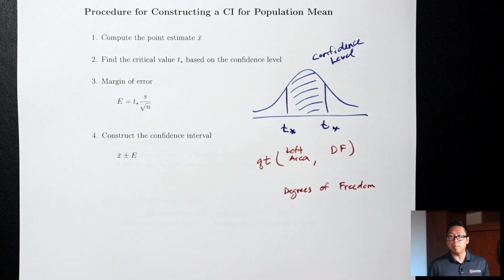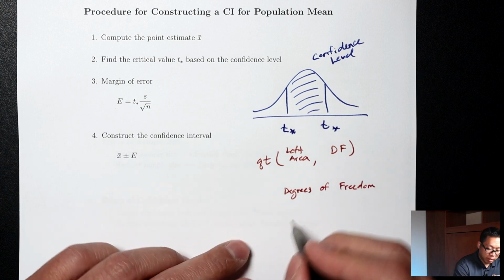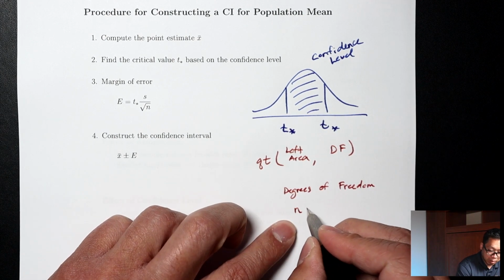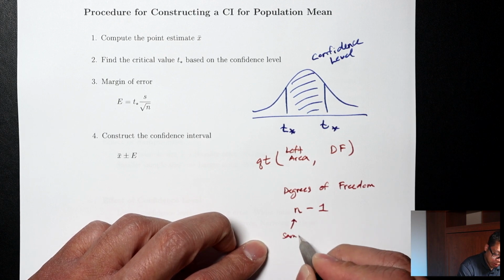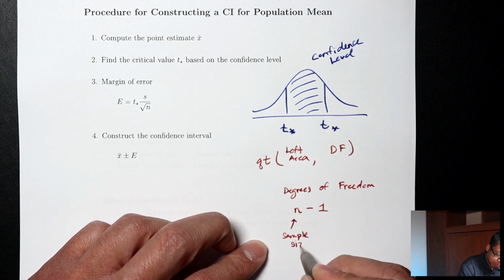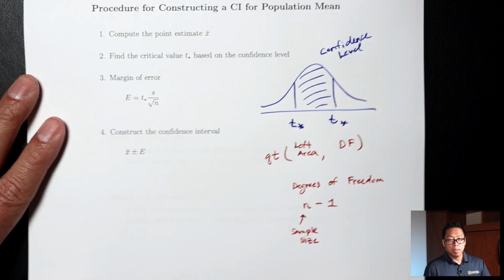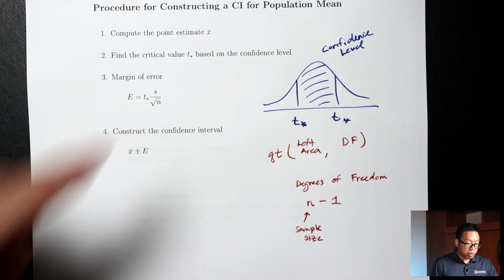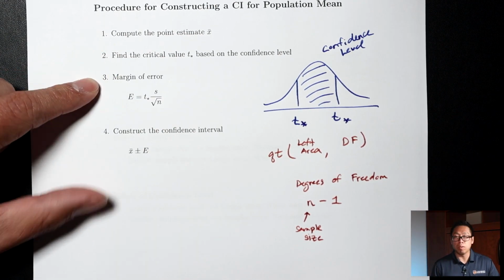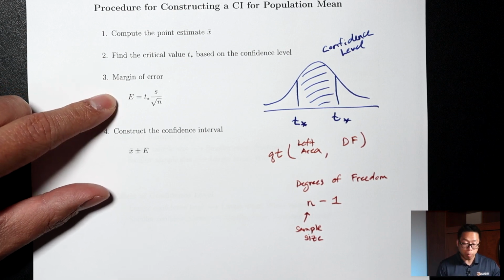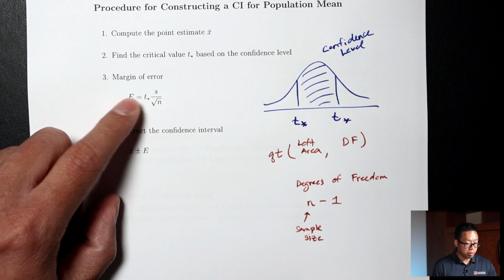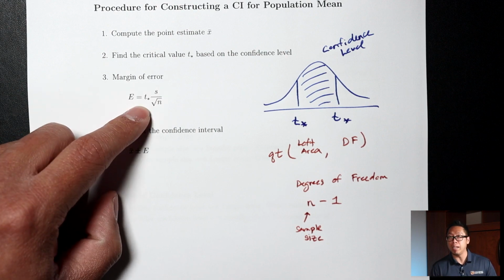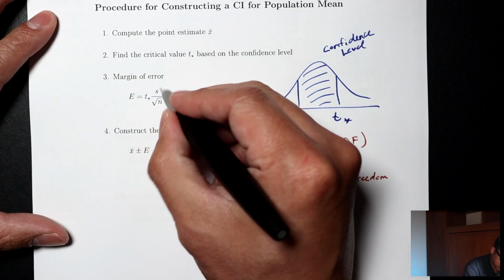And the degrees of freedom is 1 less than the sample size. So n, your sample size, minus 1. And n is our sample size. After you have your t star from step 2, you'll find your margin of error, which will be a different formula. Margin of error for a confidence interval for a mean is going to be t star s over square root of n. s here stands for the standard deviation.